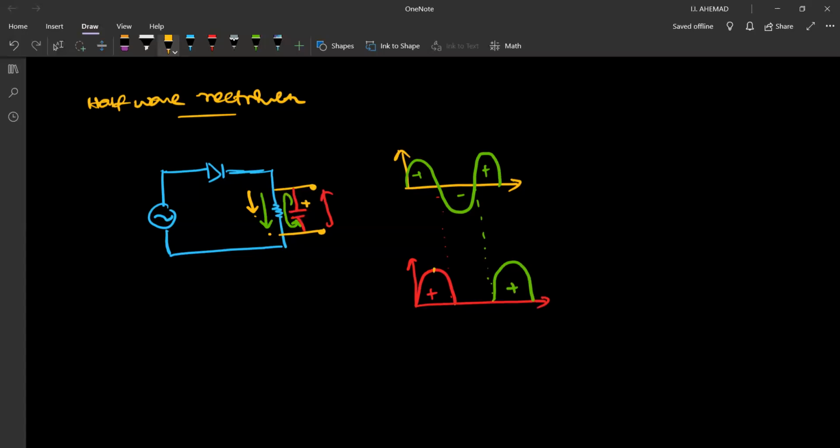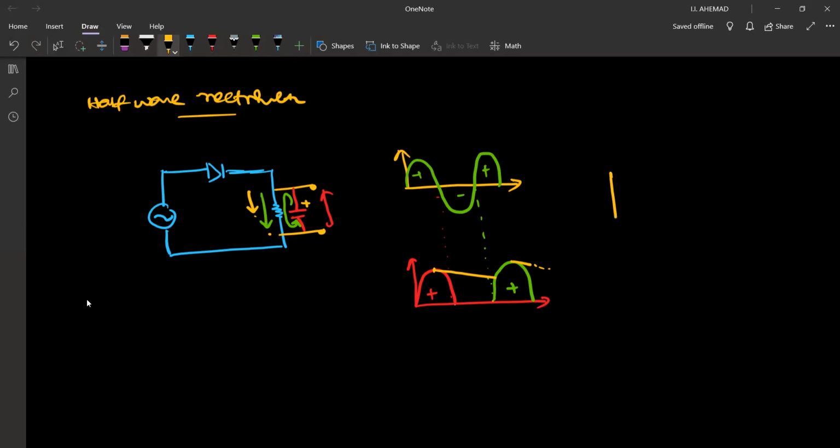Instead, from the maximum, when this value is starting to reduce, charge will flow out of this capacitor, maintaining the current in the circuit. We call this method smoothing.